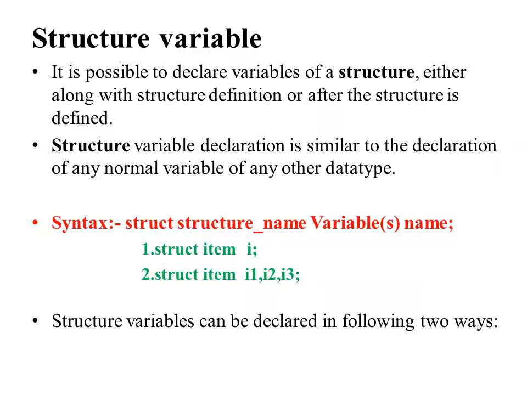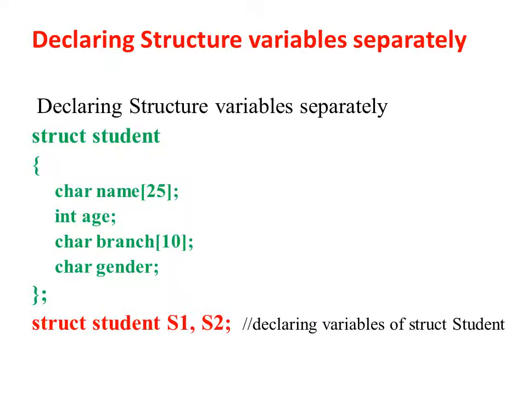And there are basically two ways to declare the structure variables. Let's see. The first is declaring the structure variables separately. Separately means what? Here I have explained with the help of an example. I take one structure whose name is student, with the keyword struct student. The idea behind this structure is that it collects the different attributes of the student. What are the attributes?